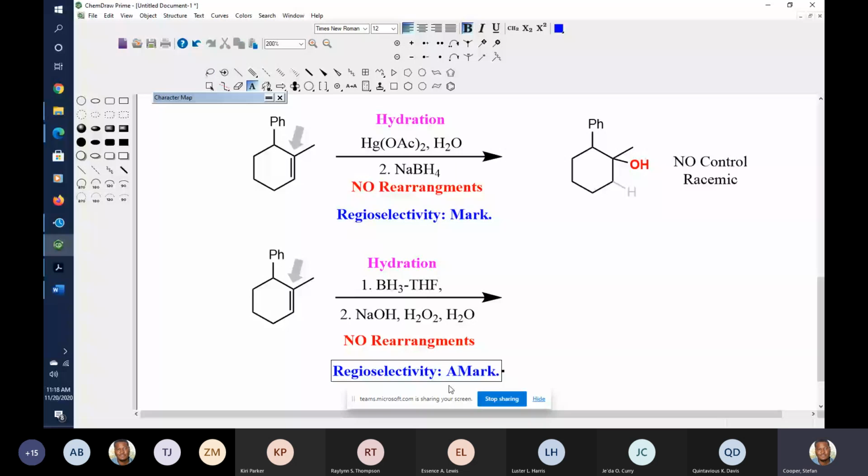So what does that mean? I'm going to end up adding my OH, not to the substituted side, but to the least substituted side. That's right, the least substituted side. So now I'm going to generate.